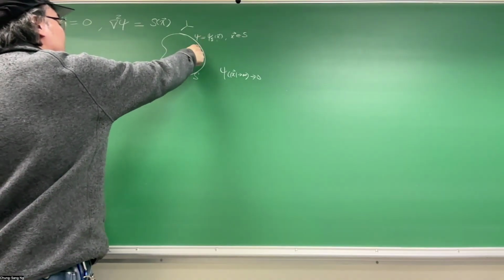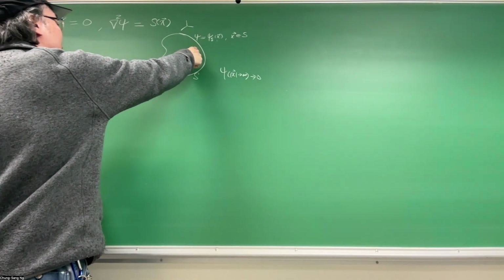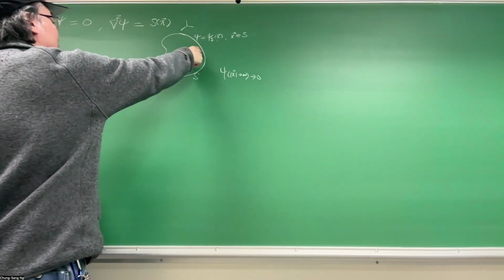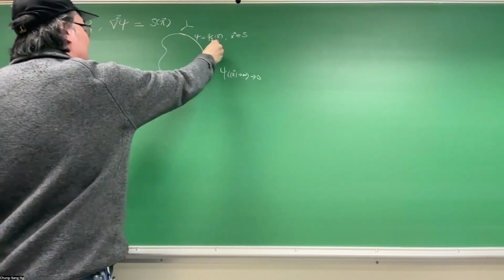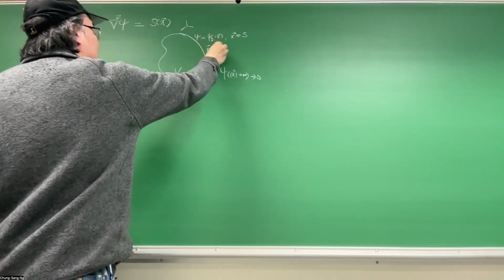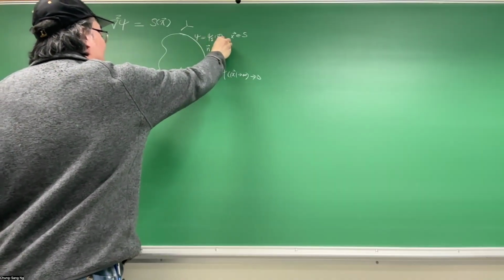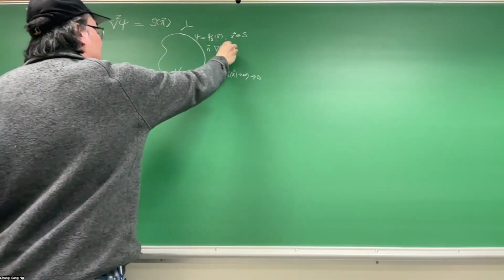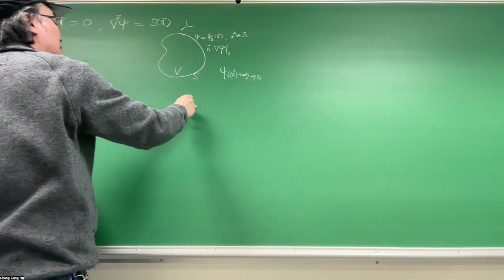So we usually just set the normal derivative on the surface, n dot gradient psi on S, right?